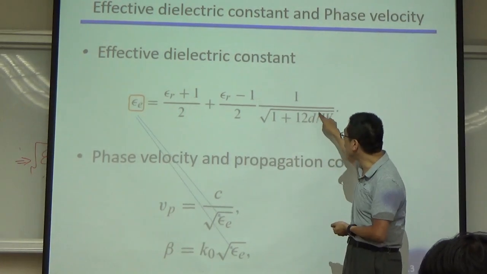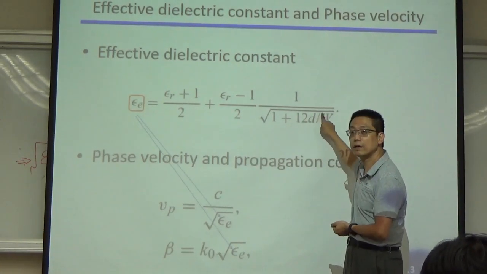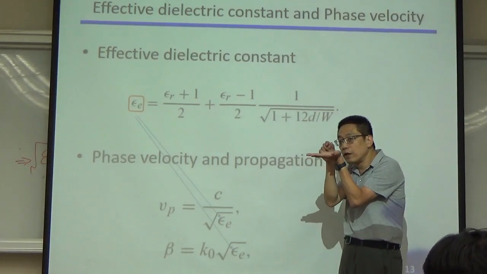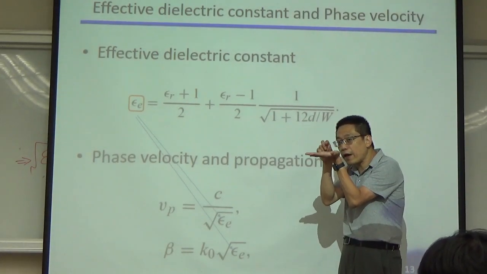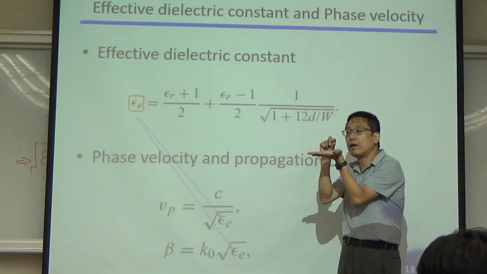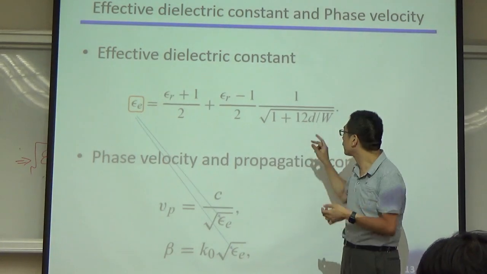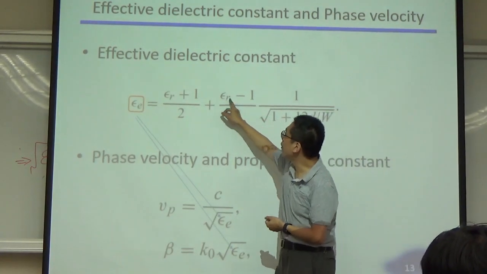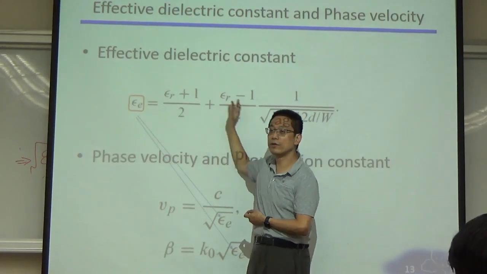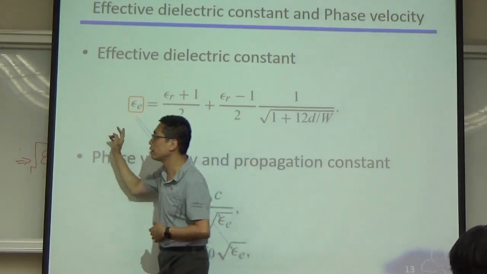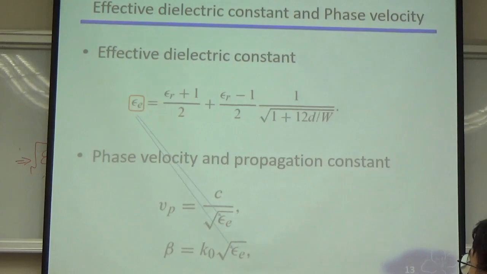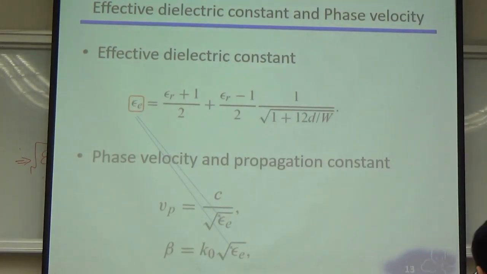So you will need the ratio of your width and the thickness, and then you will have epsilon r, and then you obtain your epsilon E. Looks a little bit different, but it's the same parameter.